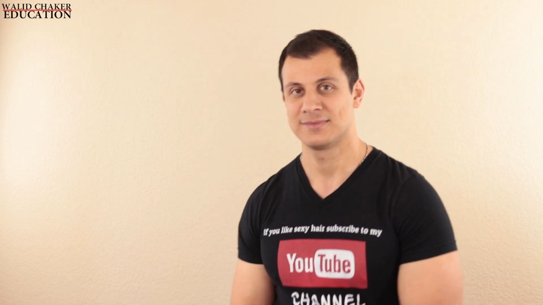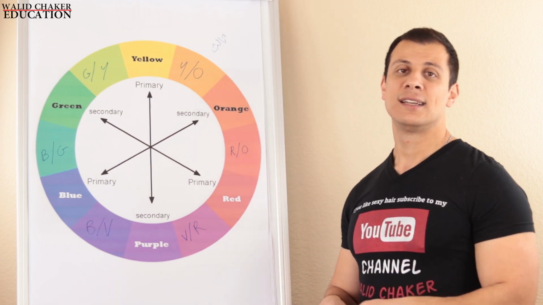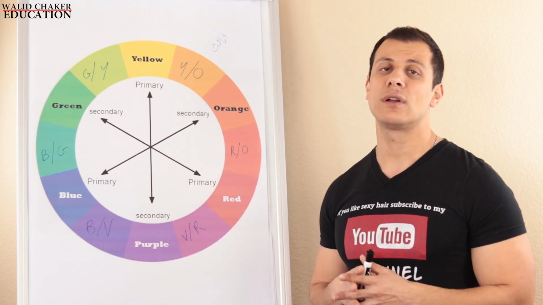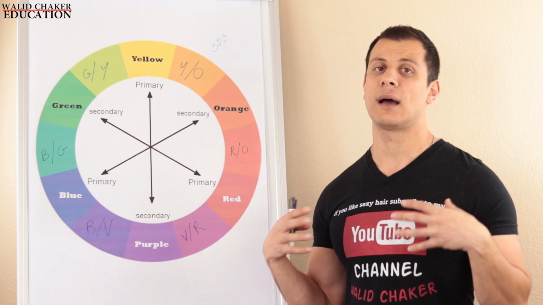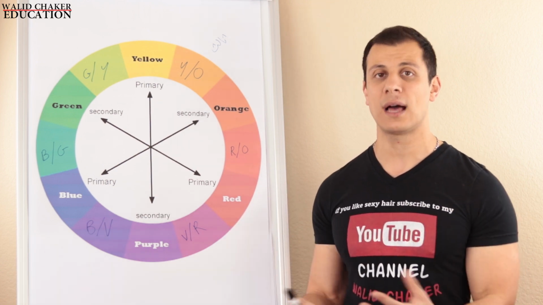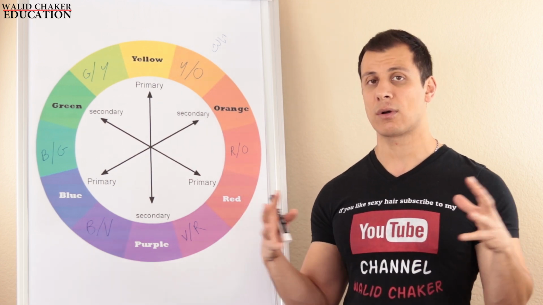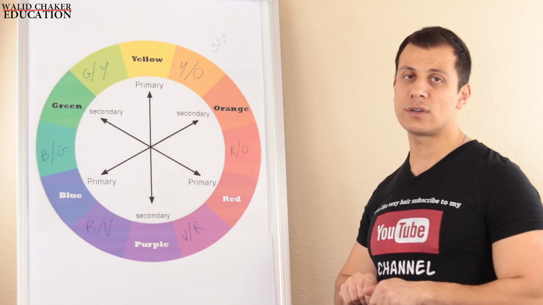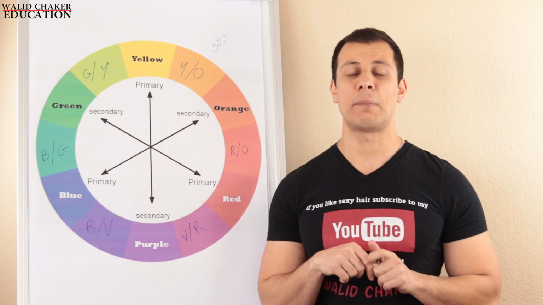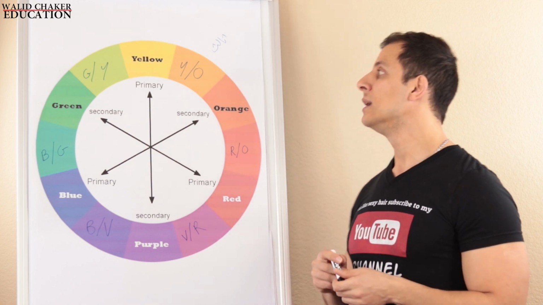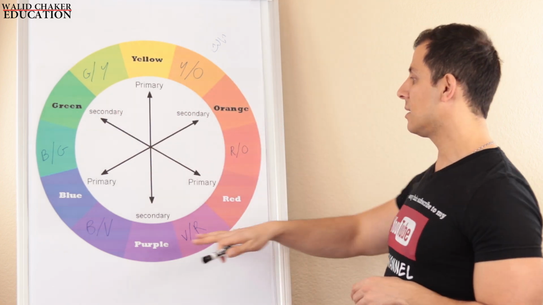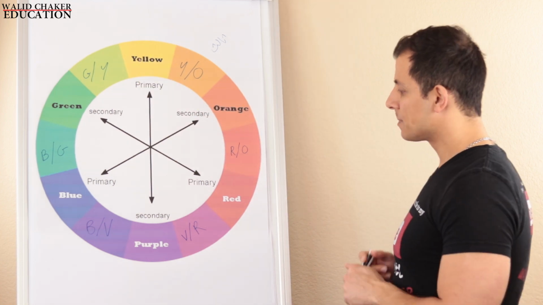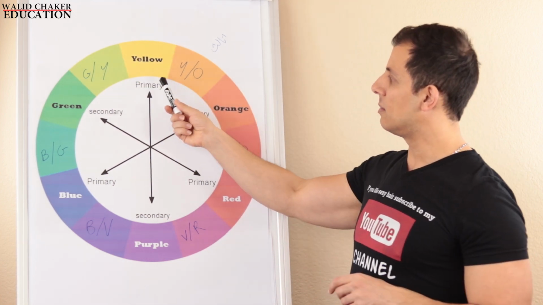Let's go. Okay guys, so the first thing you have to learn about coloring, about the color world, about being a colorist, is to understand how colors work together. So the first thing we have to learn today is the primary colors. As we see here on our sheet, we see something called primary.